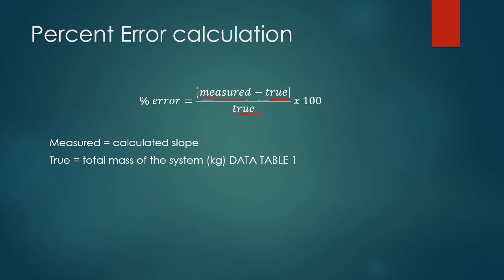Remember, with percent error, we have absolute value signs, which means it is going to be positive. You'll never get a negative value. If you do, simply change it to a positive. Don't forget to multiply it by 100 to get it in a percent. Whenever we calculate percent error, the units themselves actually cancel, so we only need to put a percent sign on our answer.